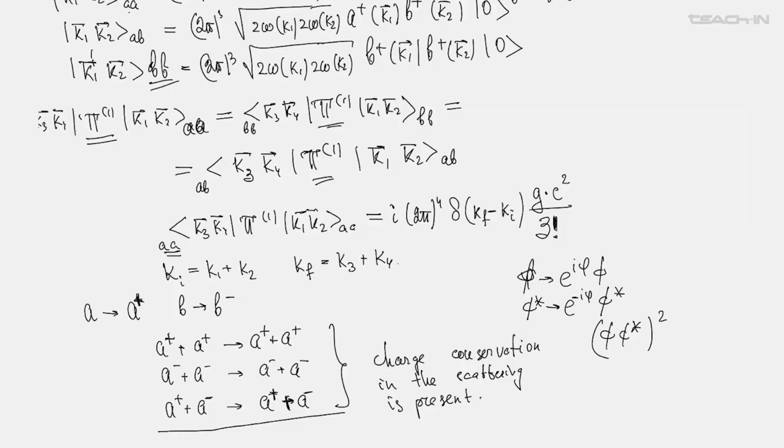So these phase rotations are a symmetry of our action. And by Noether's theorem, there is a conserved charge corresponding to this symmetry. And this charge you can call electric charge. That's why I'm saying that field phi is charged.